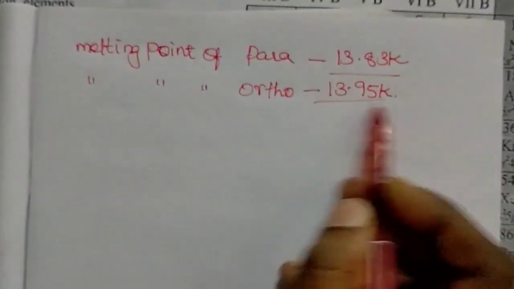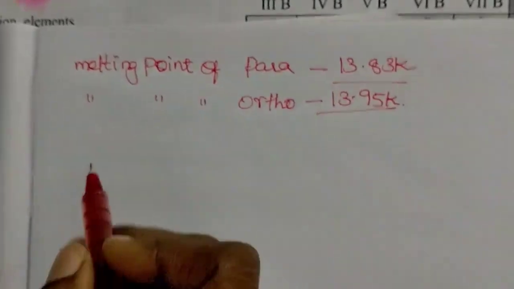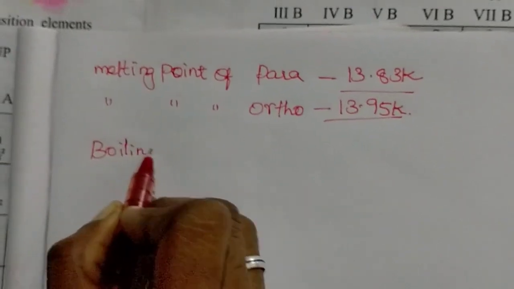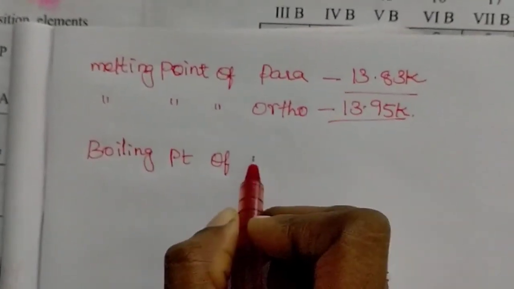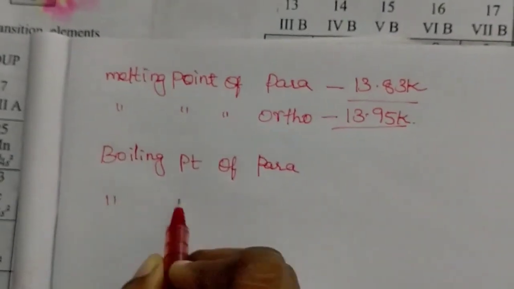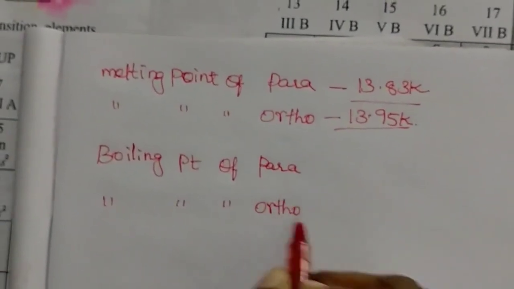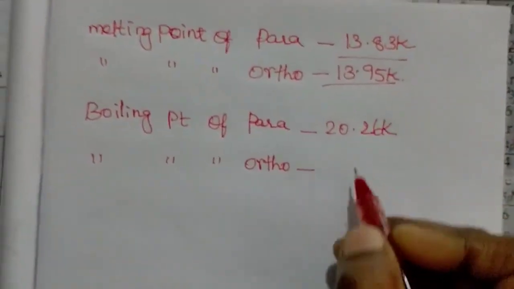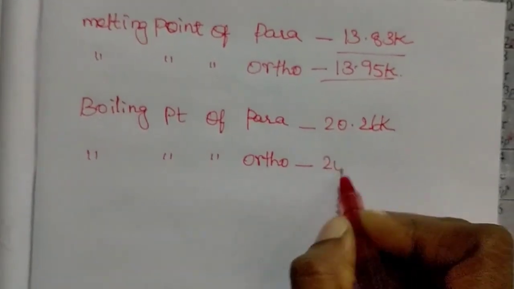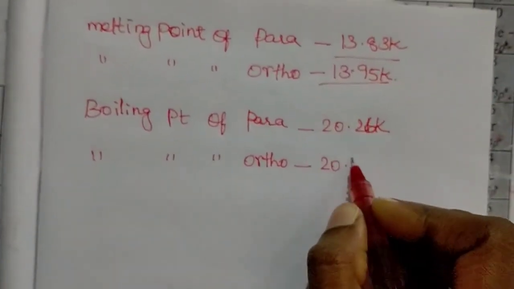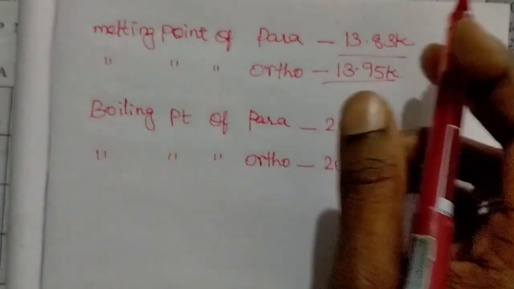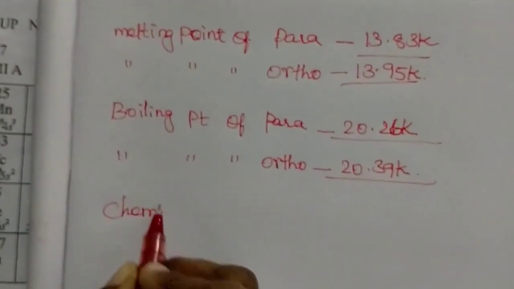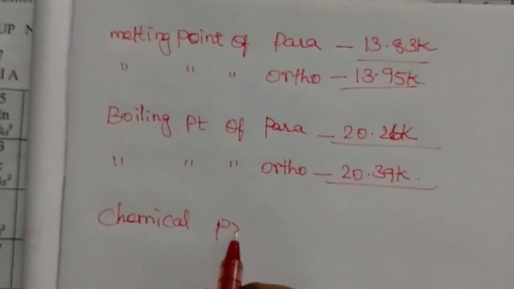The next physical property is boiling point. For para hydrogen it is 20.26 Kelvin and for ortho hydrogen it is 20.39 Kelvin. So we have some difference in the physical properties, but the chemical properties are the same.